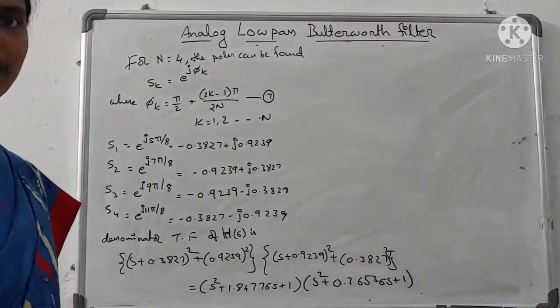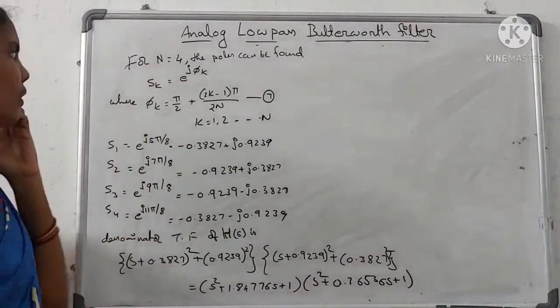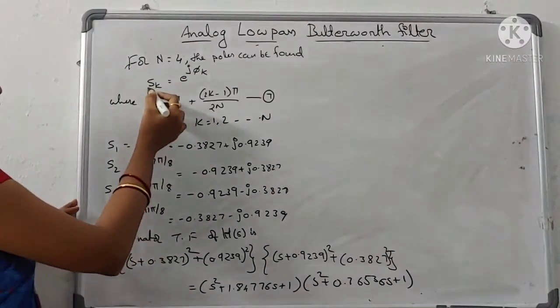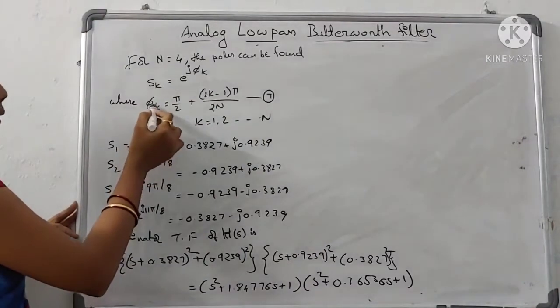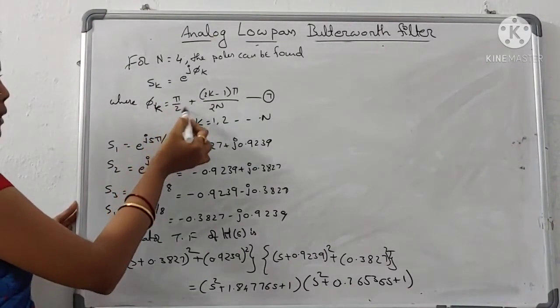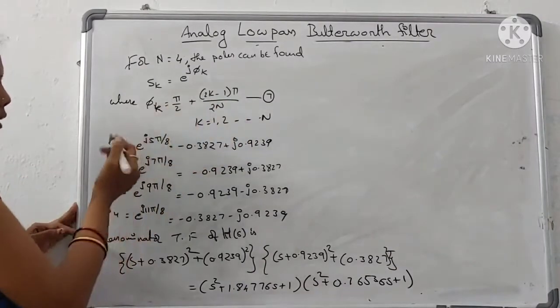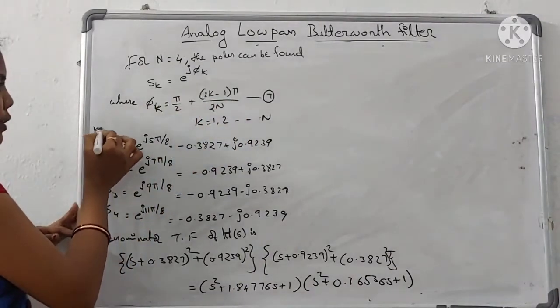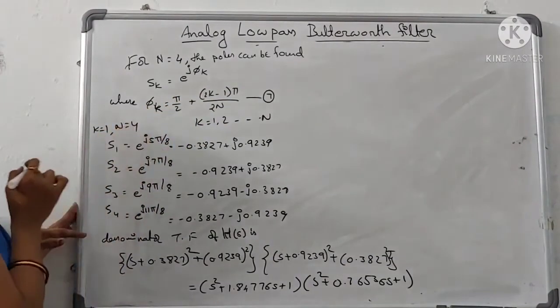That is for even, n is equal to even. The poles can be found for s suffix k is equal to e power j pi k. Here pi suffix k is equal to pi by 2 plus (2k minus 1) into pi by 2n. Here for k is equal to 1, n is equal to 4.